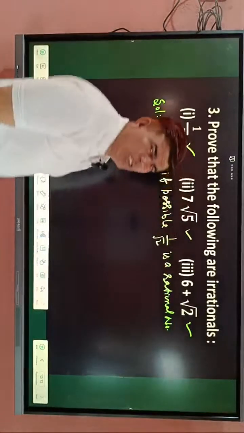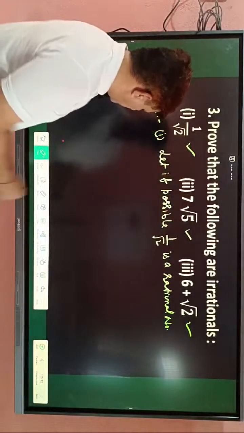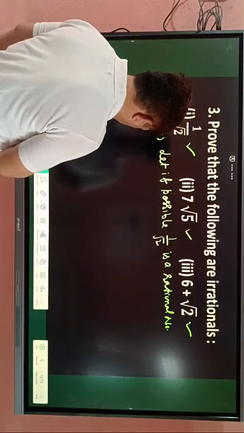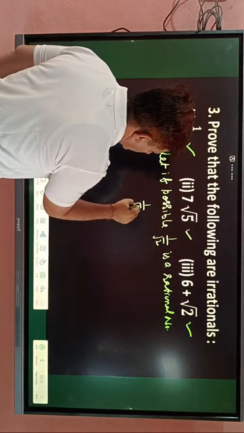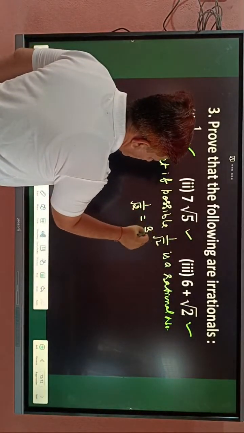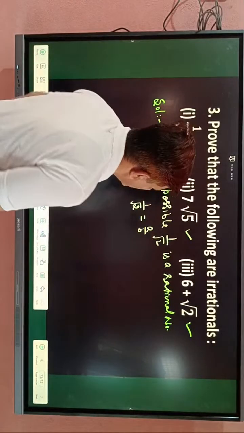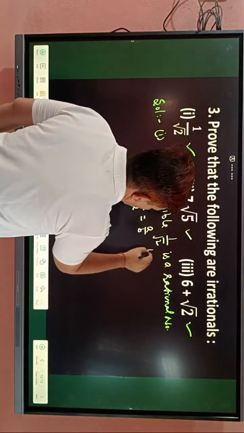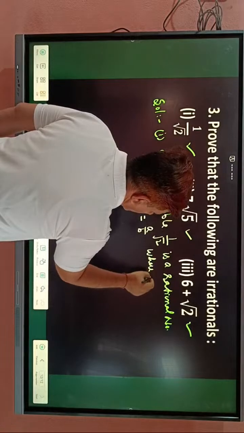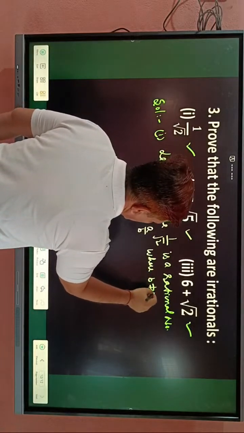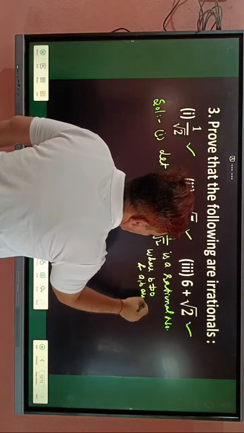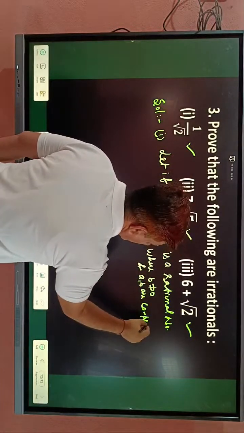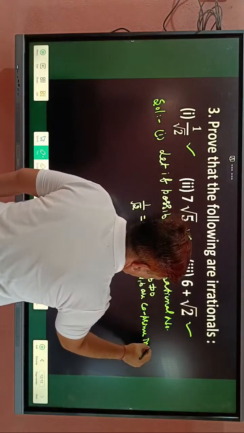If it is a rational number, definitely we are able to write 1 by n root 2 equal to a by b. Here b is not equal to 0 and a, b are co-prime integers.